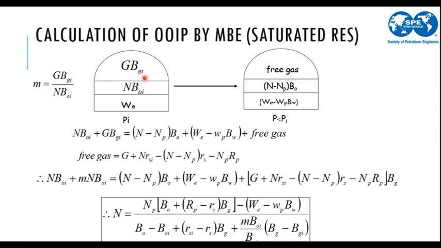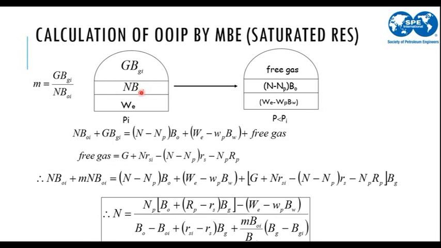This would give you the volume of the gas initially in place at the reservoir condition. The same thing for the oil in place. We'll multiply it by the beta O initial. This will give you the volume of the oil at the reservoir condition.